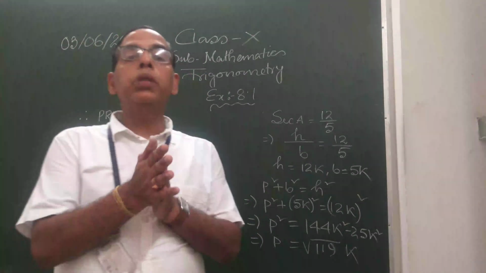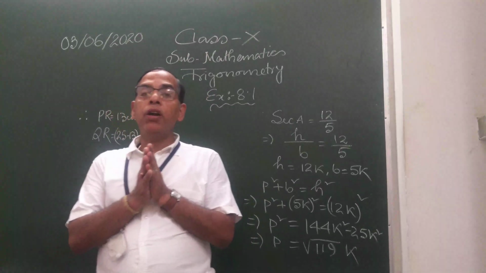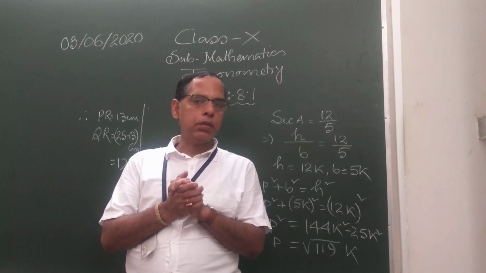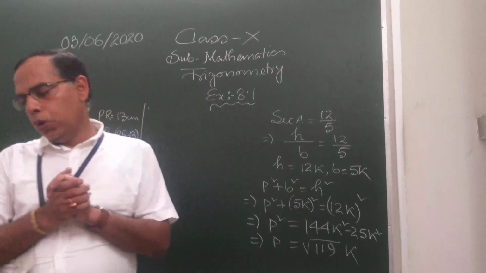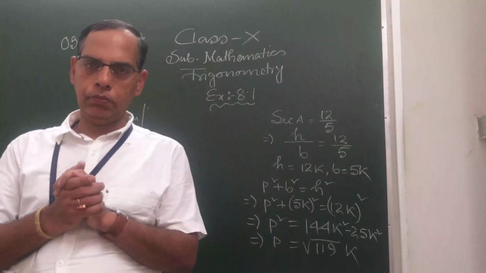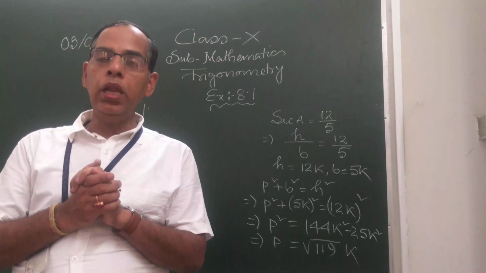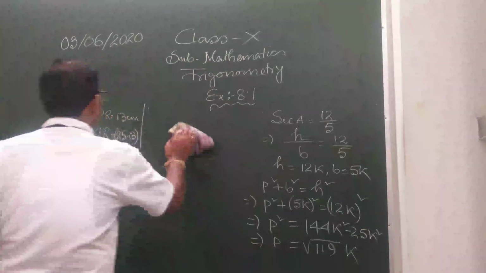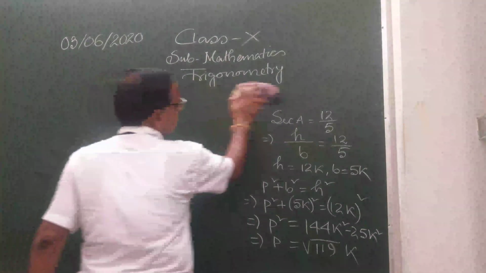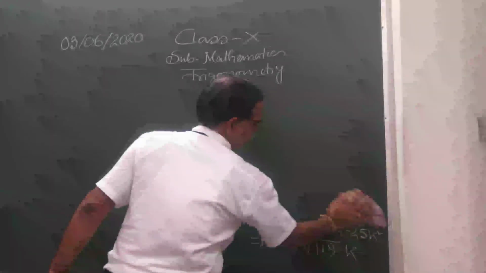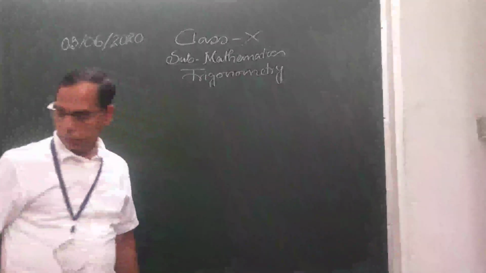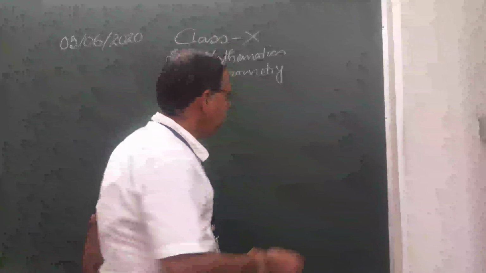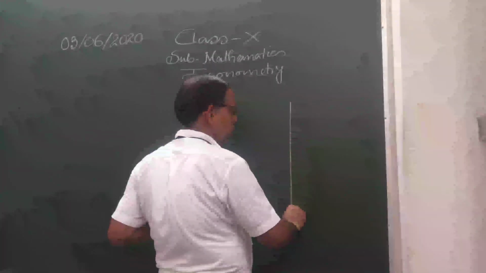Now we'll go to the trigonometric values of different angle measures. For that, we will have to draw a quadrant, like the graph you got in linear equations in 2 variables.